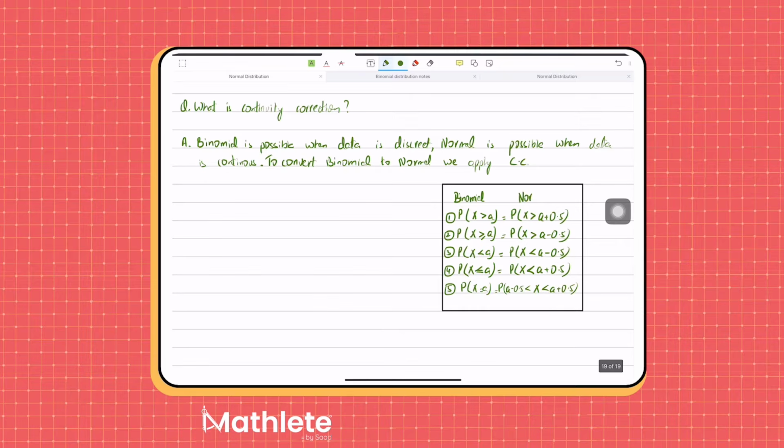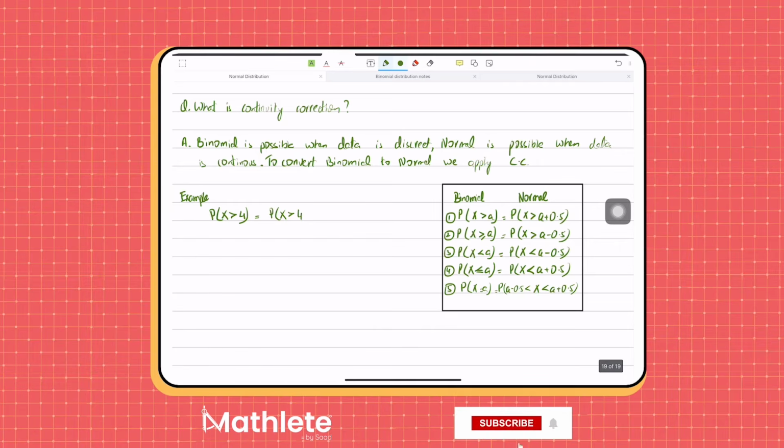Now, just to give you an example, and then we'll see where exactly this comes from. Say you've converted from binomial to normal and you're asked to calculate the probability of x being greater than 4. Instead, what you will do is calculate the probability of x being greater than or equal to 4, or simply greater than 4.5.